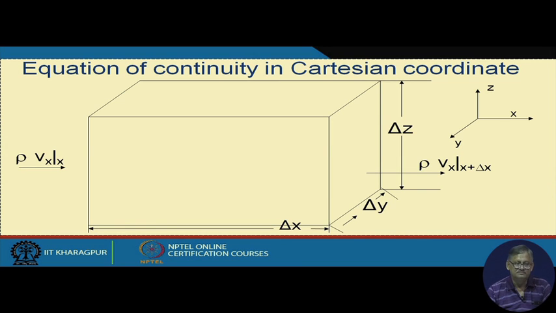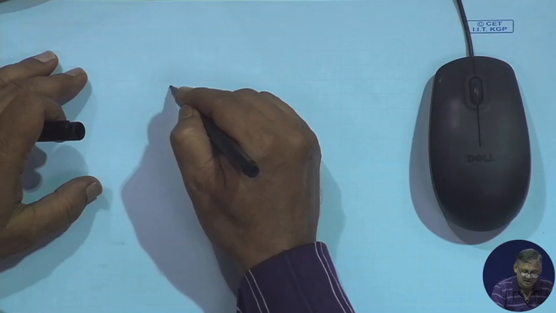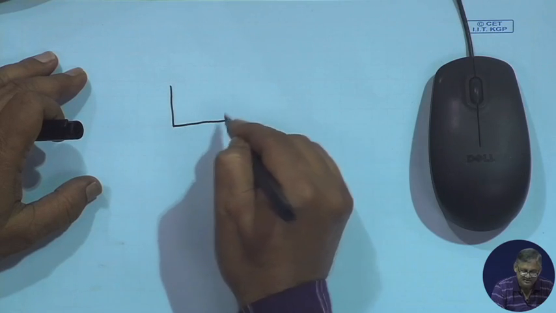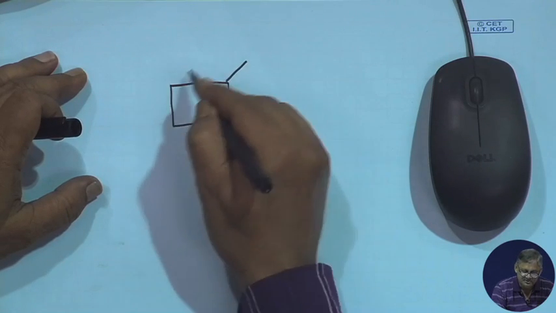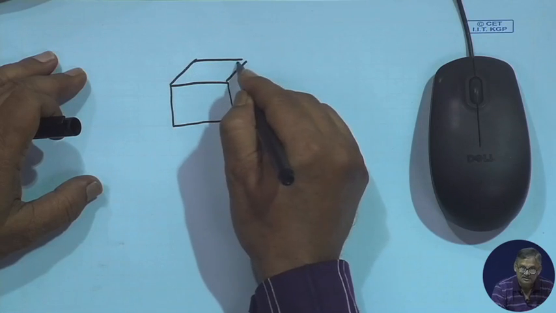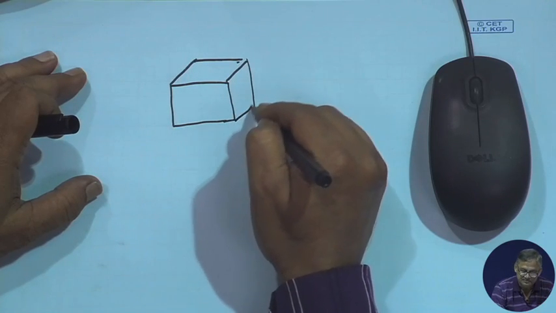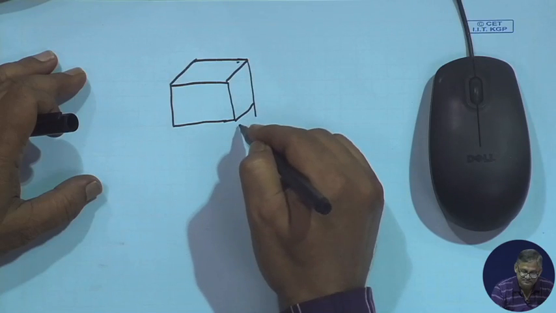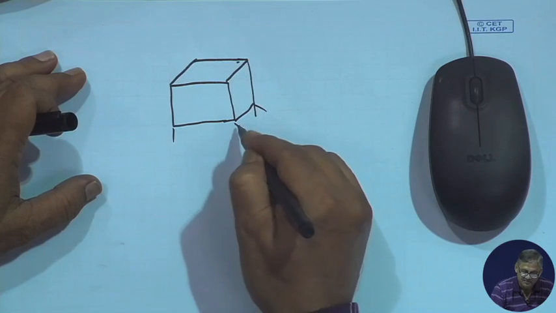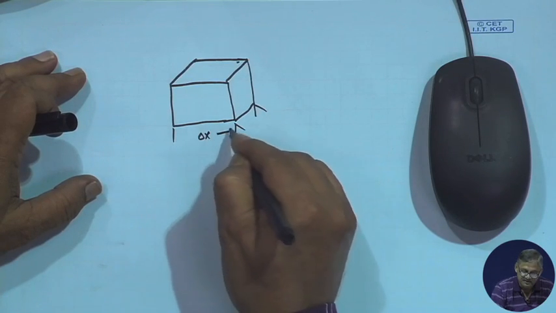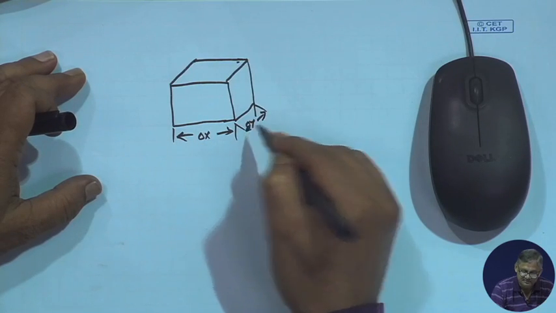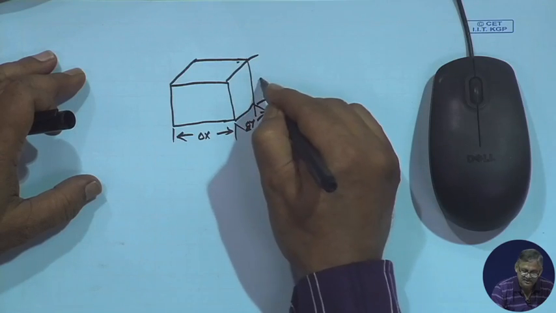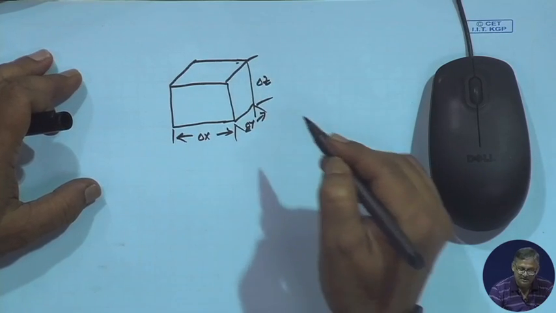As you see from here, we have taken a small rectangular, Cartesian volume element, and we have defined its dimensions as delta x, delta y, and delta z.